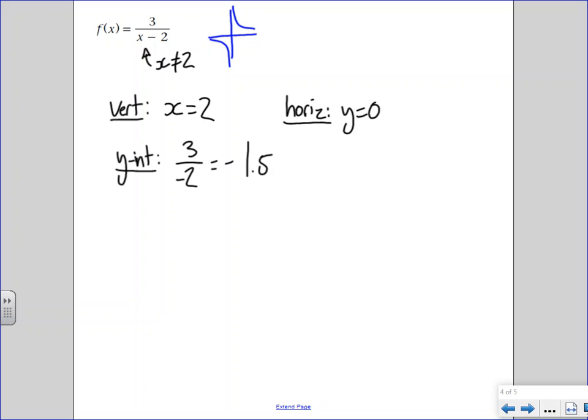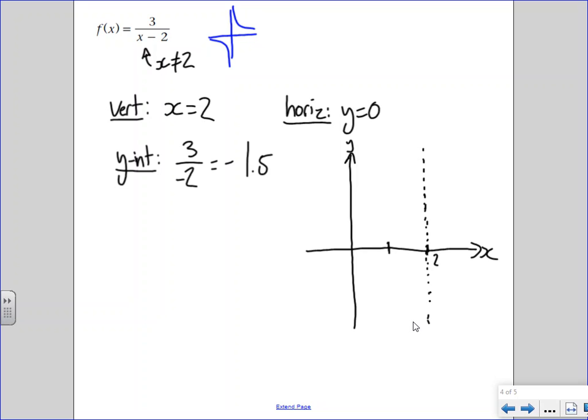So let's just put all that information together. So we have a y-axis, an x-axis. First of all, we want to put our asymptote in. So if that's 2, we're going to put a dotted line going through there. That dotted line is kindly saying you cannot cross this line.